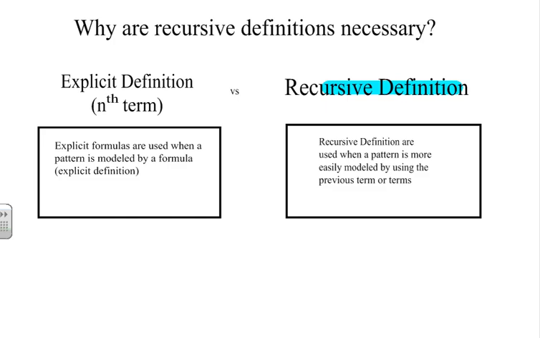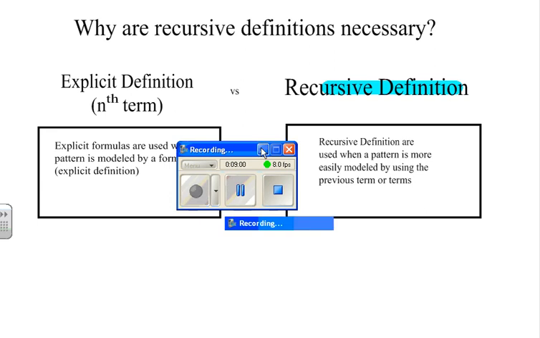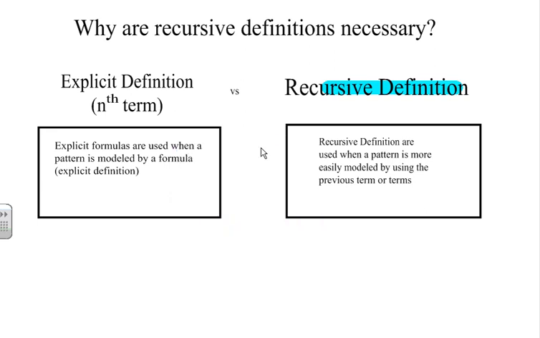Recursive definition, hang on one second. An explicit definition, or nth term, is what we use when we create a formula. So that's an explicit definition. A recursive definition is used to identify a pattern using previous terms.